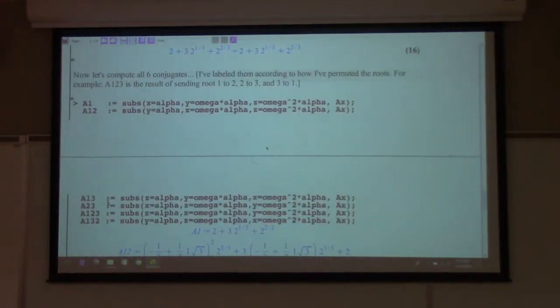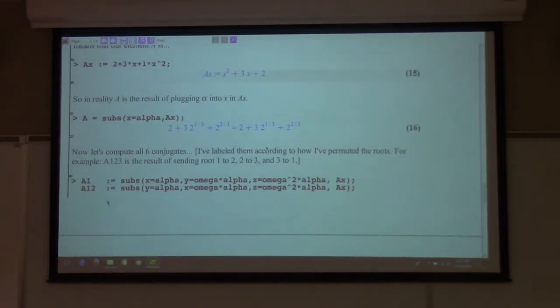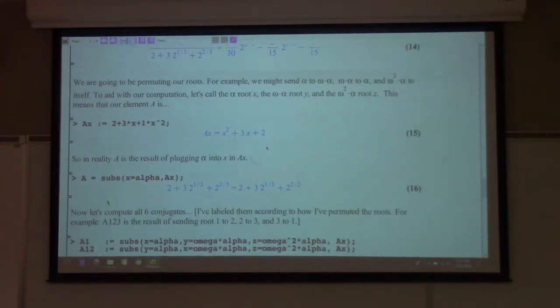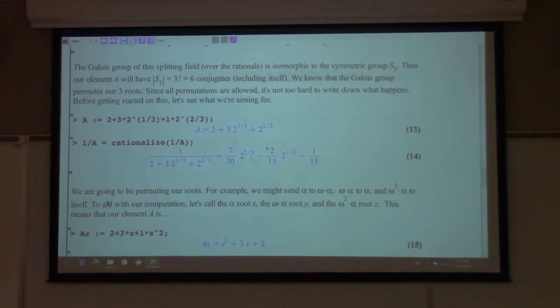Okay, and then here you go. Here's the Galois conjugates. A1 would just be A itself, essentially. So x equal to alpha. I don't see where his y's are. I substitute ax. Did ax have 3 inputs? There's something I'm missing here, guys.